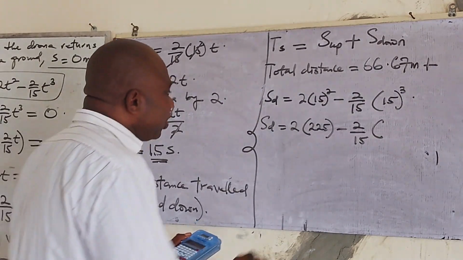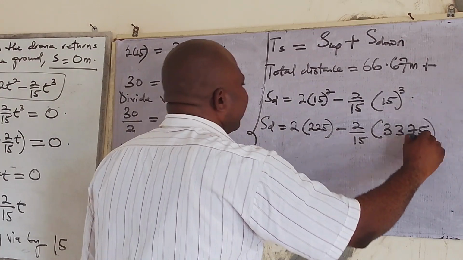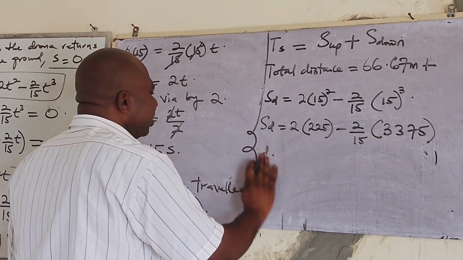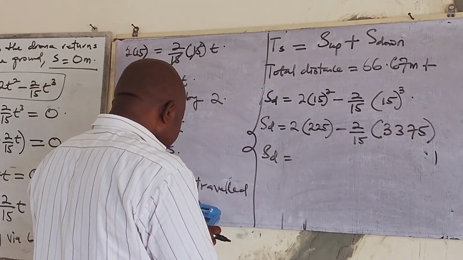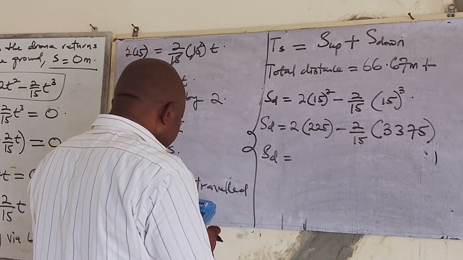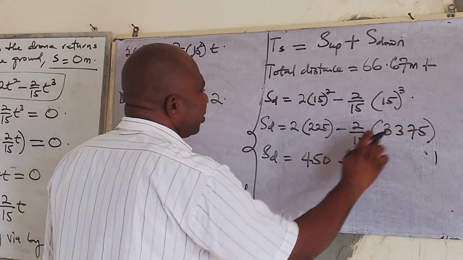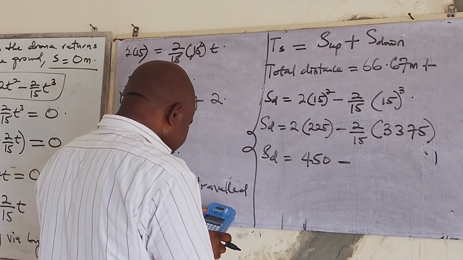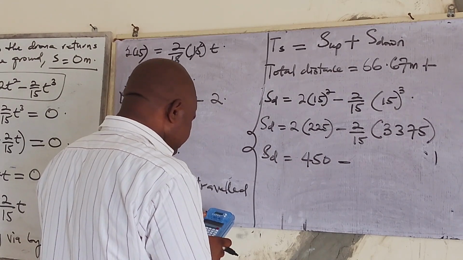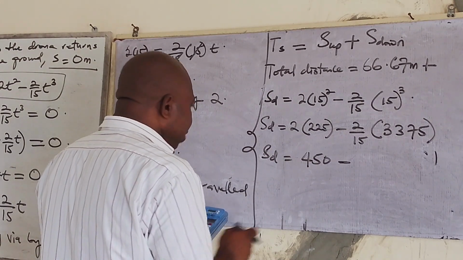So S down is 2 in brackets, 15 squared is 225, minus 2 all over 15 times 15 cubed, which is 3375. So S down will be equal to 450 minus 3375 times 2 divided by 15.